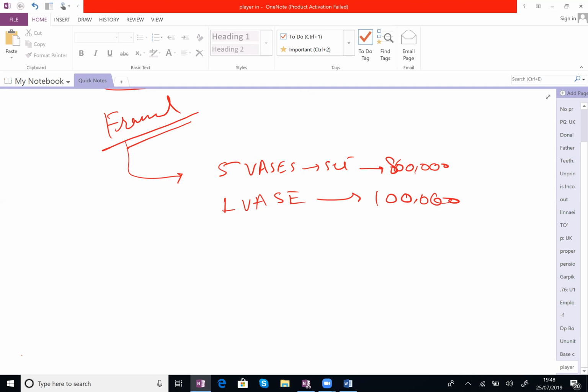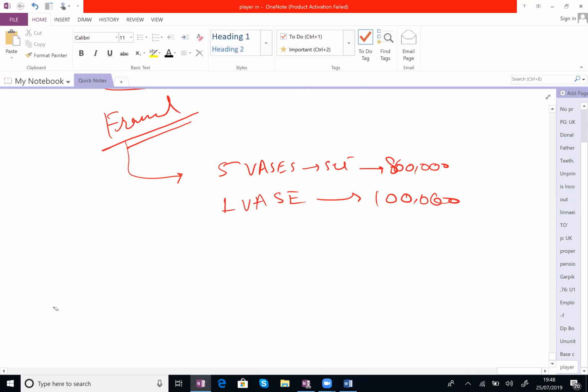But if you are gifting me 1 vase today, on how much value do you pay the tax? 1 lakh. And then tomorrow you give me a second vase, again 1 lakh. And the third vase, 1 lakh, the fourth 1 lakh, the fifth 1 lakh.